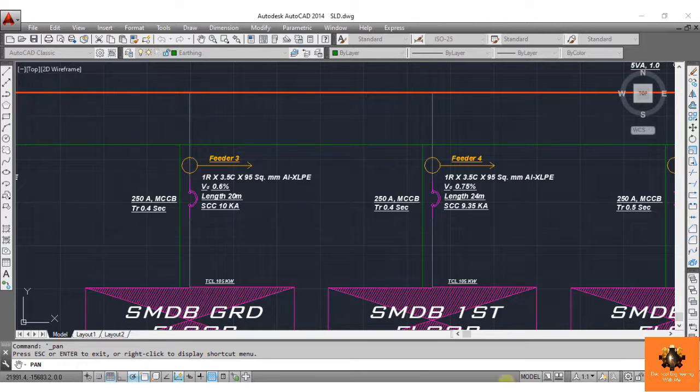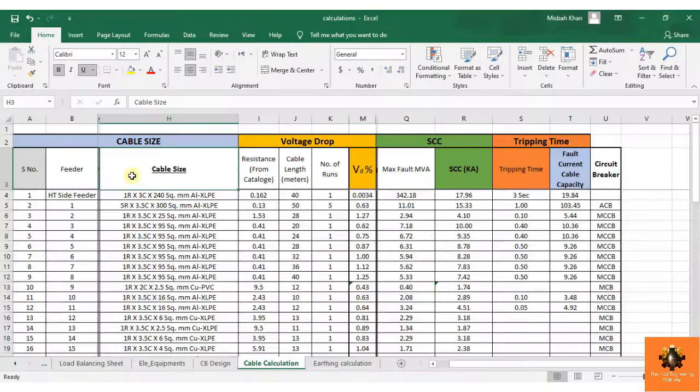Okay, let me open this file. See here, this is the complete calculation with respect to the cable. This is the proposed size cable for each feeder. This is the voltage drop calculation, and here is the short circuit calculation with respect to their cables. And finally, here is the tripping time of the circuit breakers.